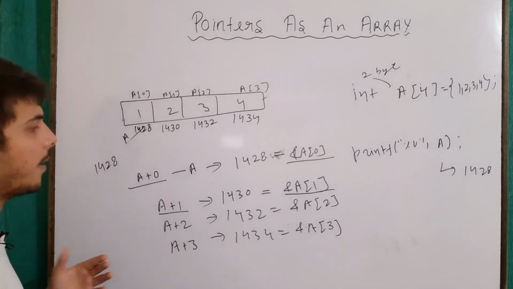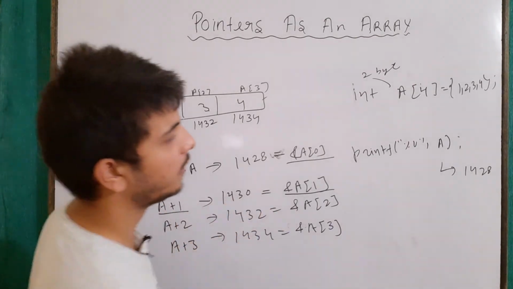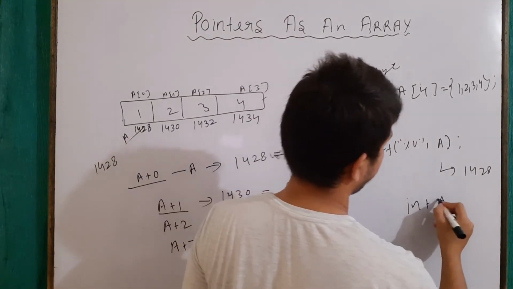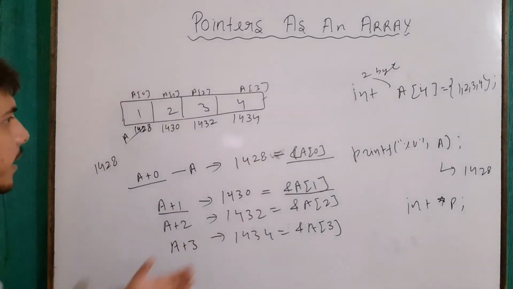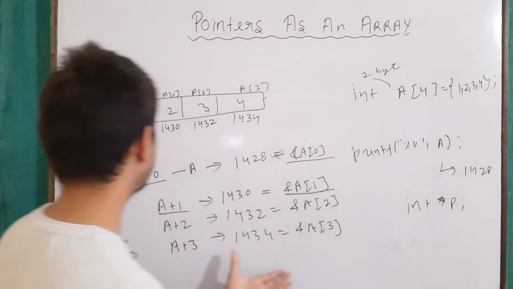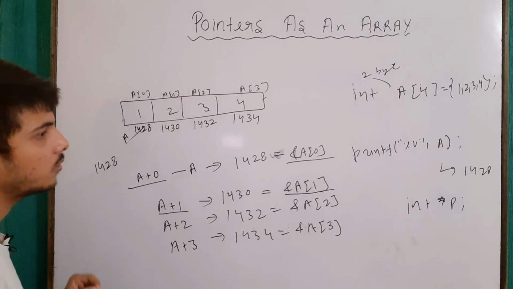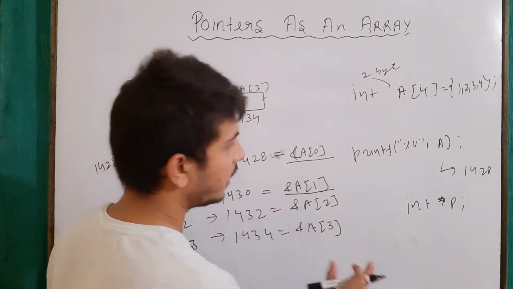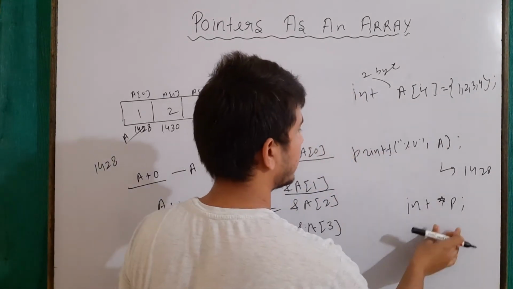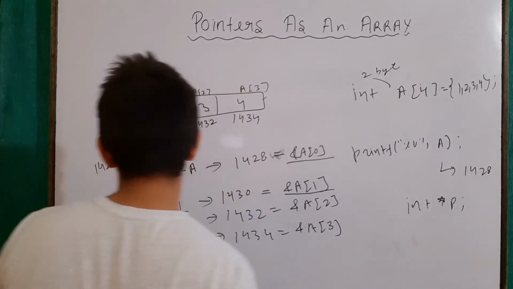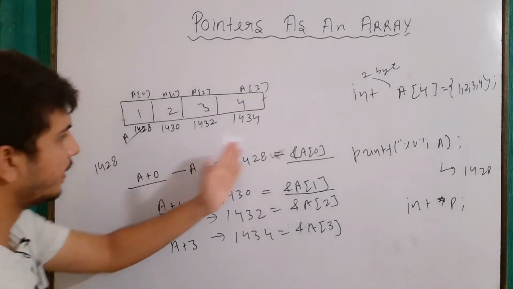The same thing was happening in the previous section, when we defined a normal variable int *p, we were able to use the contiguous memory location, and here also we are able to use it using array notation or pointer notation. So the point here is that we can access the contiguous memory locations either by using an array or by using a pointer.